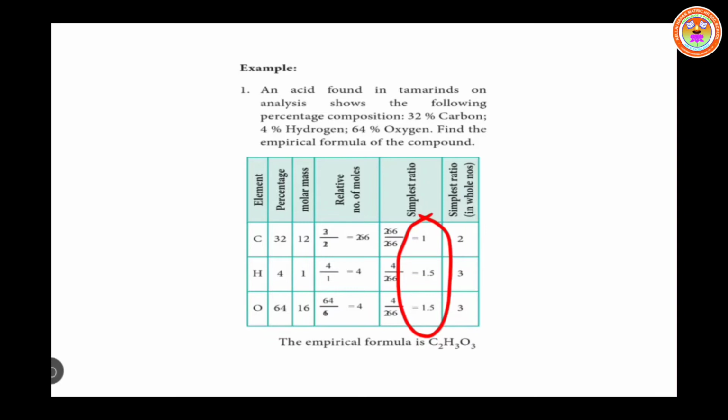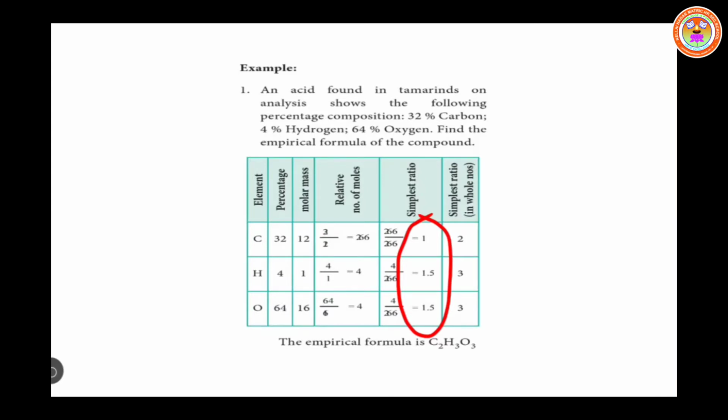Similarly, if the simplest ratio is more than 1.5, like 1.6 or 1.7, we should write the next whole number. Since the simplest ratio is 1.5, the whole ratio should be multiplied by a common number. Understand, children? So here we are multiplying by 2.